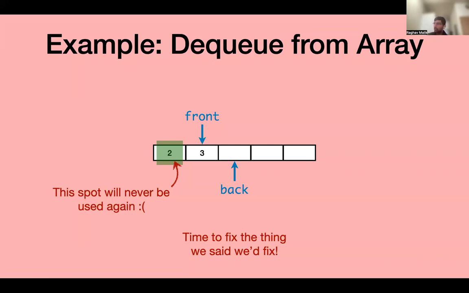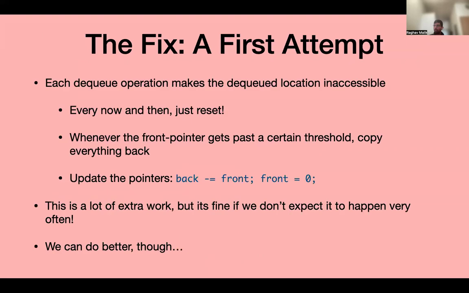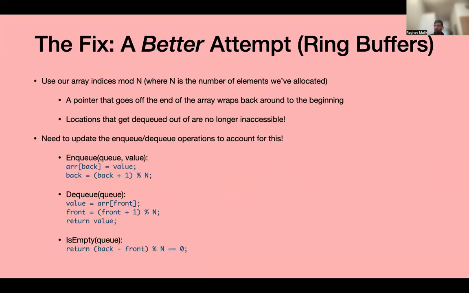if you notice, originally it was very easy to tell if our queue was empty, right? It's just front equals back. With the ring buffer approach, we have to make sure that they are equal mod n.